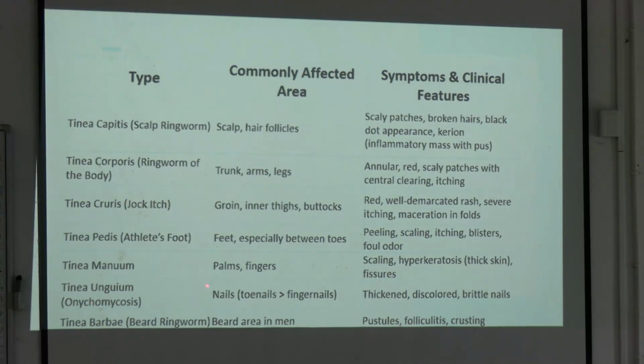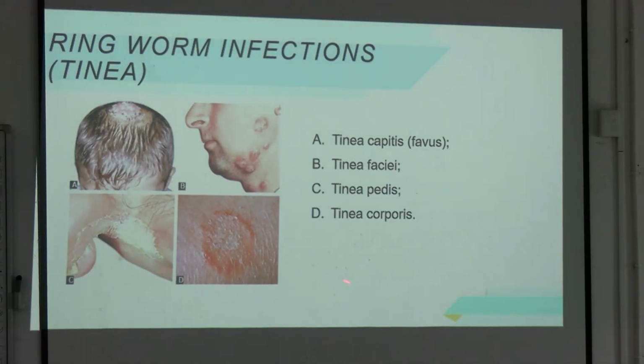Tinea unguium, nails, and tinea barbae, beard area in men. So as per the body area affected, we give these kinds of names. And this is tinea capitis, this is tinea faciei, this is tinea pedis and this is tinea corporis.